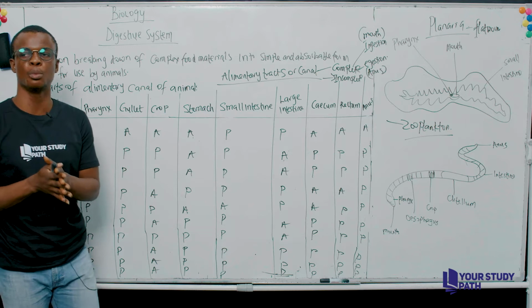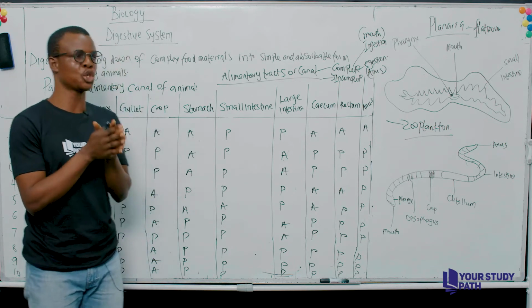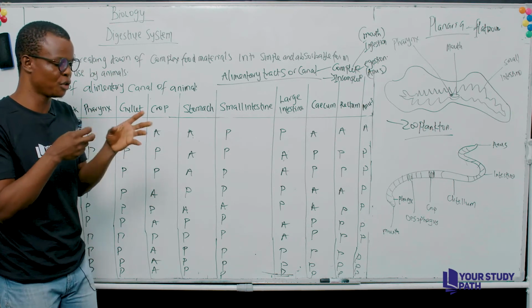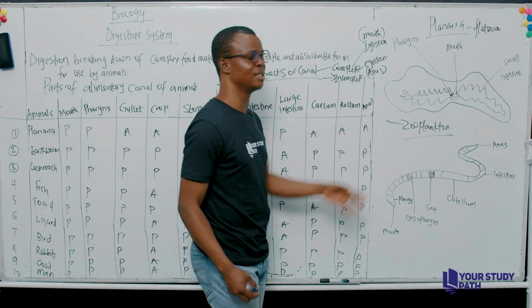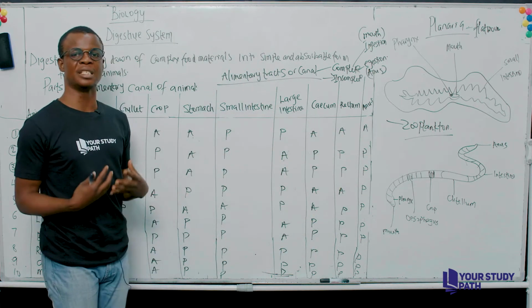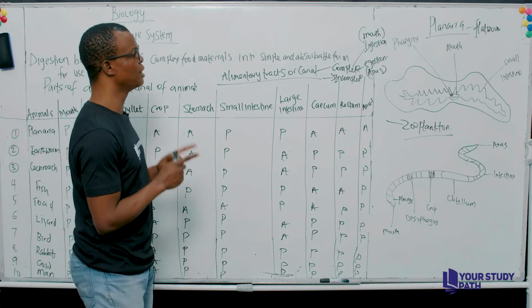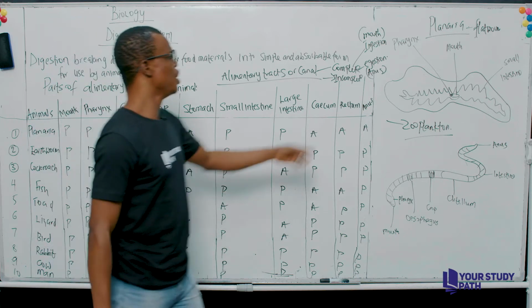They have just one opening, which is responsible for taking in various tiny aquatic organisms, which is what I refer to as zooplanktons. They digest them, and after digesting them, the waste materials that are not needed pass from the pharynx to the mouth and leave the body of the organism.